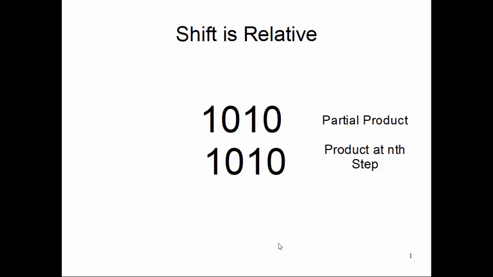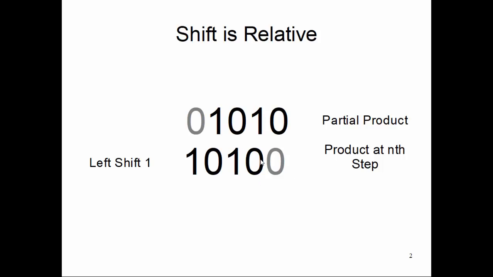So we started with, let's say, the partial product or the partial sum, whatever you want to call it, at this point. We had this, and then at the nth step we are doing another product which comes up as 1010, and we are writing it by shifting this nth product by 1 bit to the left. By doing that, we are introducing one artificial, implicit zero at the LSB side of the product at the nth step.